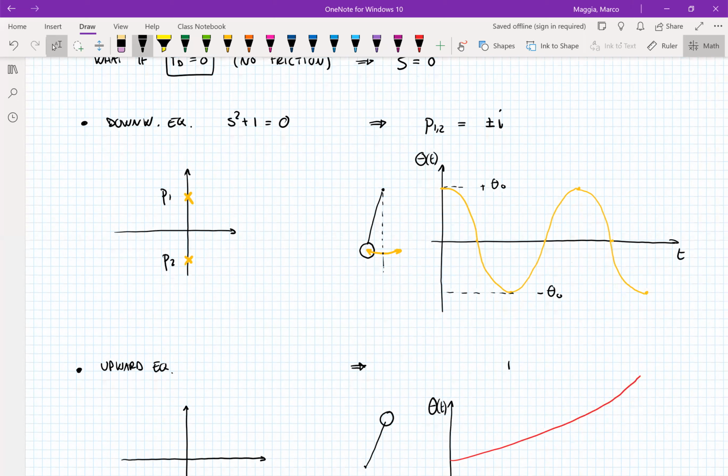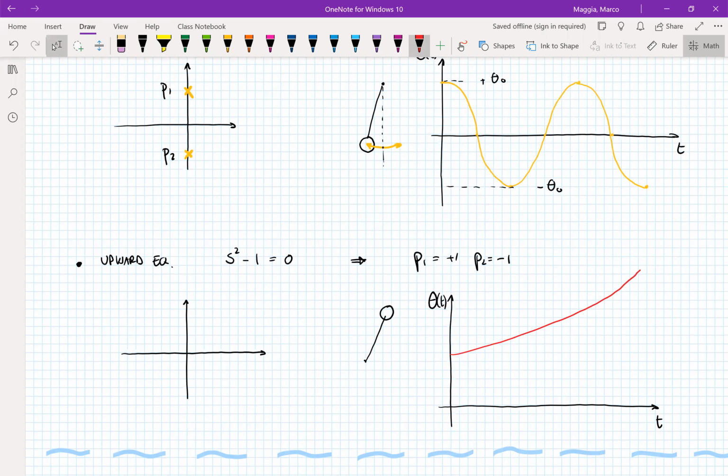All right. Well, what about the upward equilibrium? Well, we already know that that's still unstable, but let's prove it. So now without the damping coefficient, the characteristic equation is simply s squared minus 1. And so the two poles are +1 and -1. On the s-plane, we can visualize them like so. So we have P1 and P2. And once again, the response will just go to infinity.